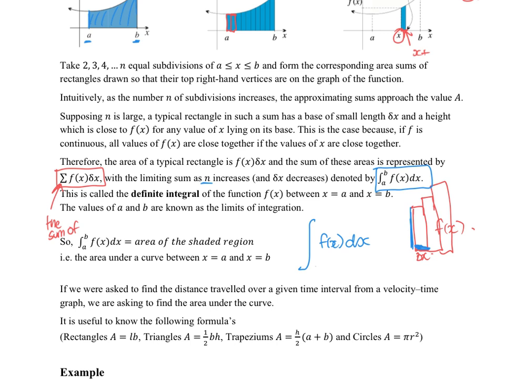This is called a definite integral because it has parameters. These are what we call parameters.